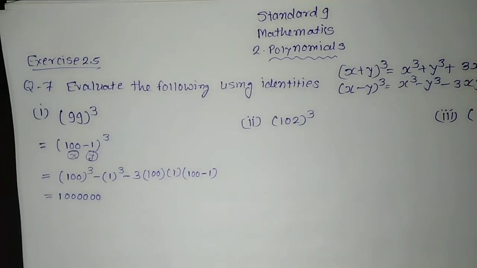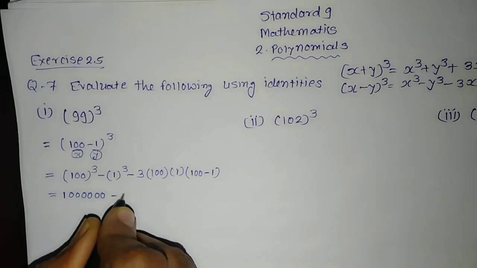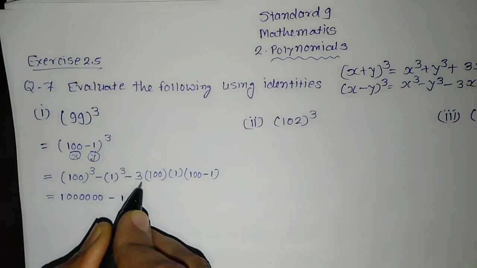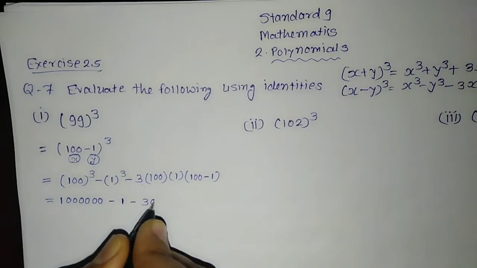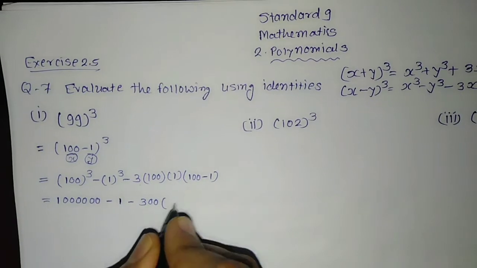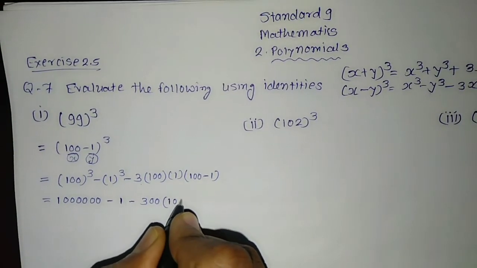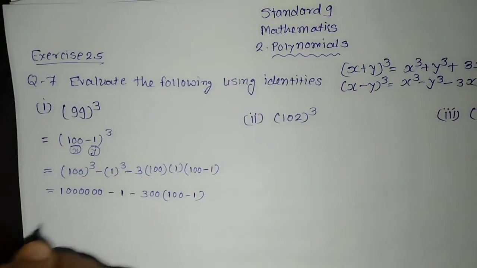So this is 1000000 minus 1 cube, which is equal to 1. Then 3 into 100 into 1, so it would be minus 300 into bracket 100 minus 1. I'll write it as it is, don't write 99, otherwise again we are going on that path where we started.